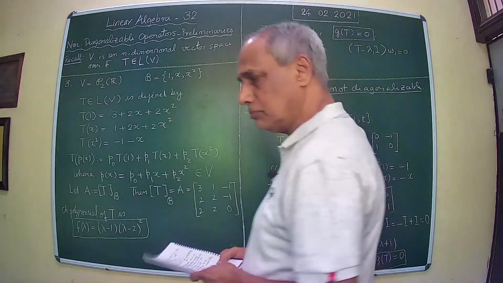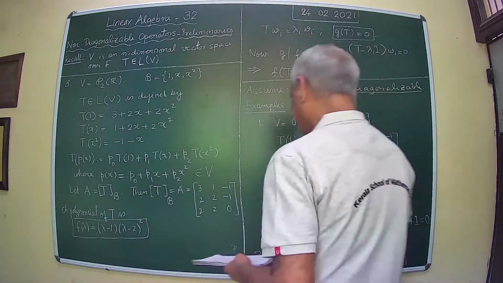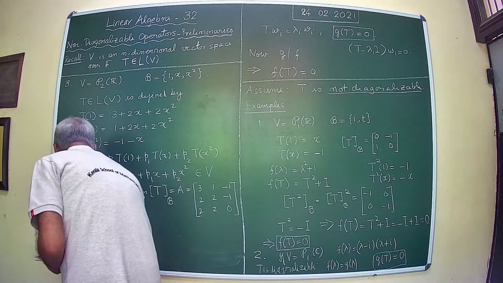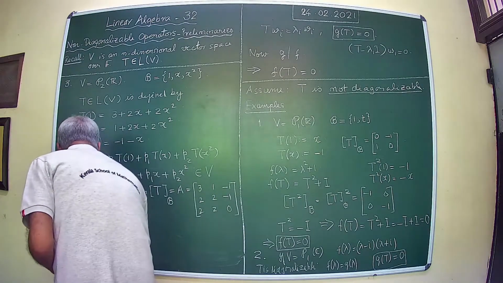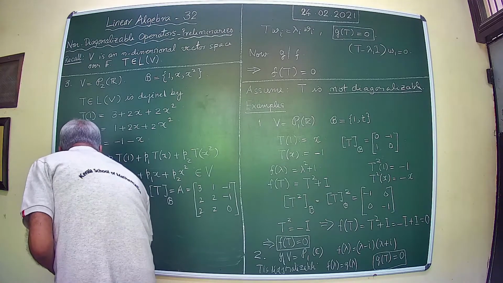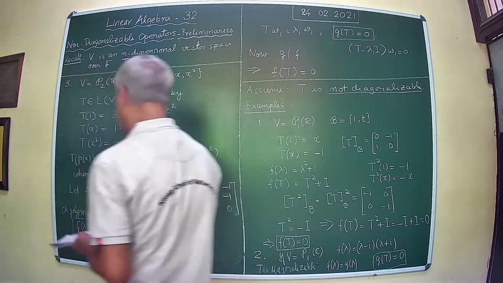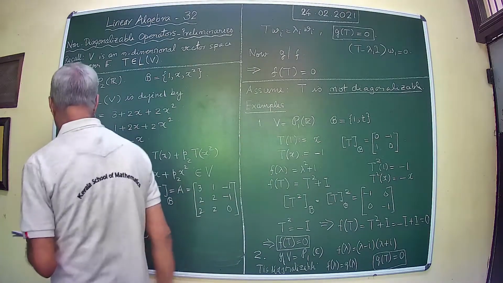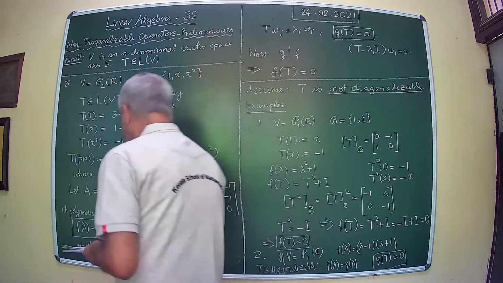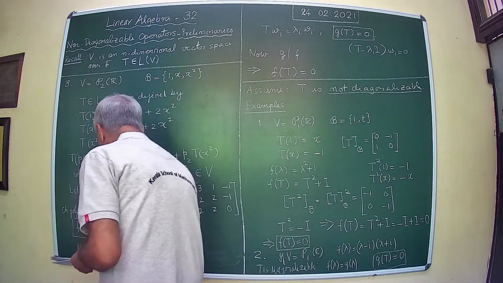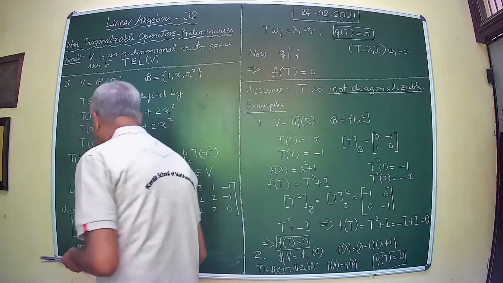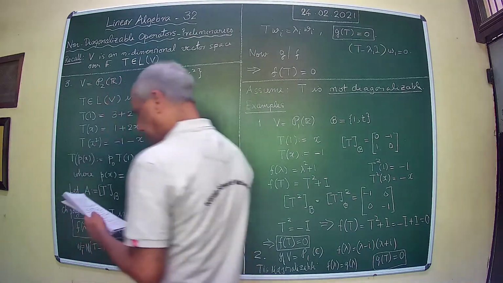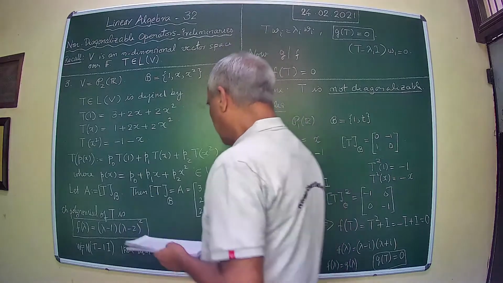Now in this problem, something quite interesting happens. Now we see that if I define W1 as the null space of T minus 1I, where 1 is the eigenvalue, then the dimension of W1 is equal to 1.